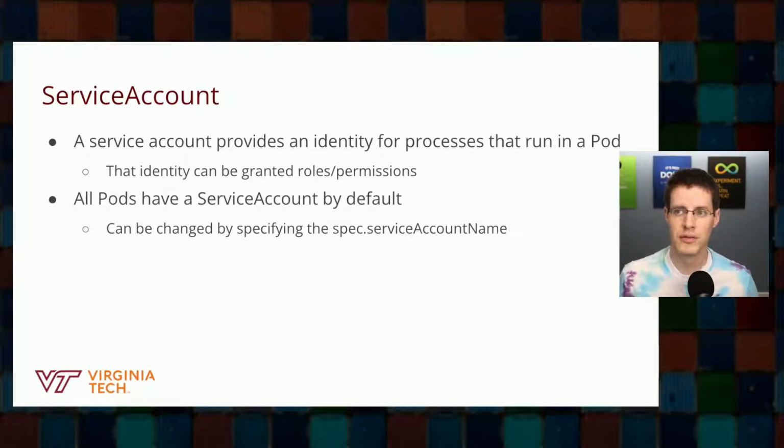For example, if I were running a Kubernetes dashboard, it needs to be able to query what pods are running and volumes and deployments and all the different things. How does it authenticate? That application can authenticate by using the service account and saying, I am the dashboard.